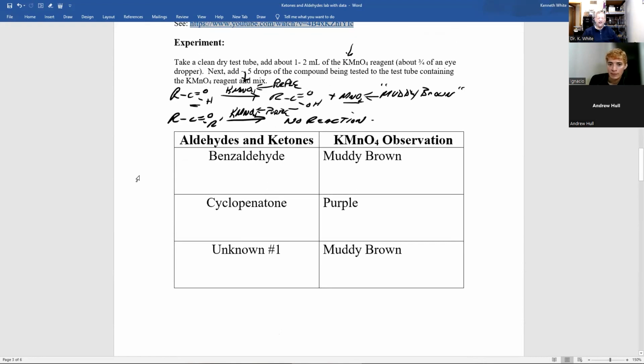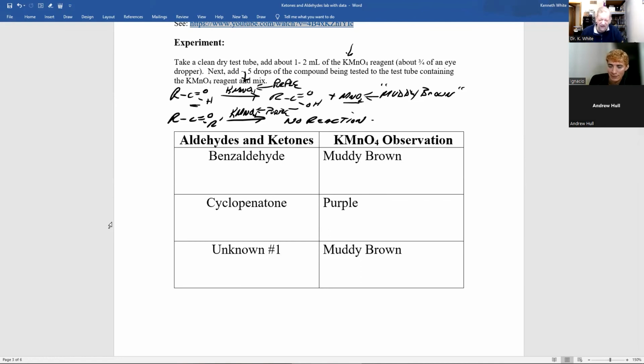Now I give you the data. Benzaldehyde, that's an aldehyde, turns it muddy brown. Cyclopentanone, ONE ending, you know what that is, it stays purple. Now, to make this interesting, in the lab, there's a bottle labeled very cleverly unknown number 1.